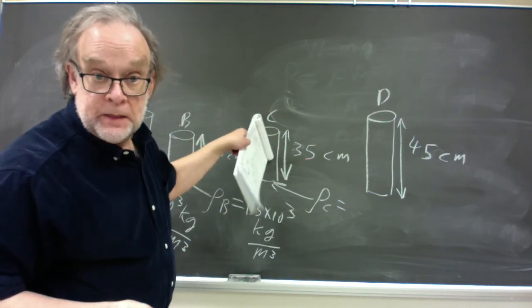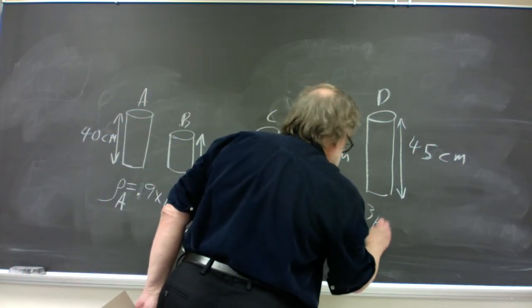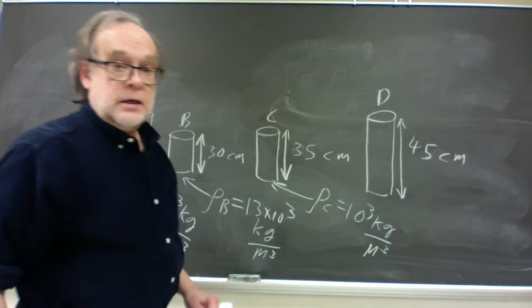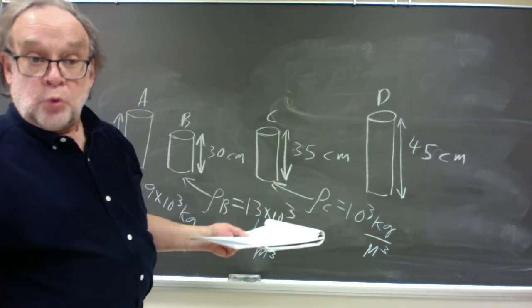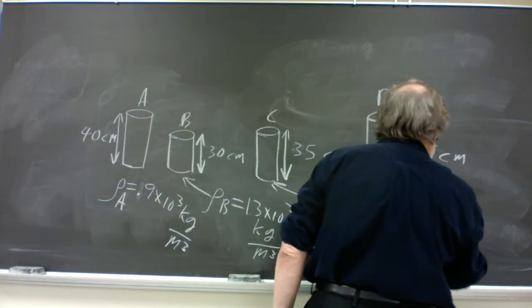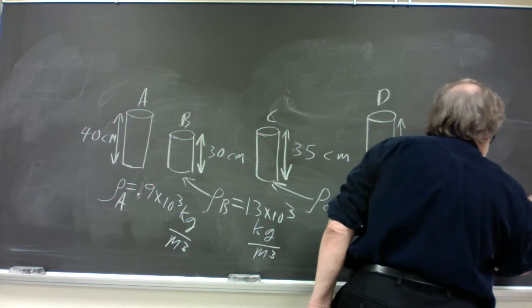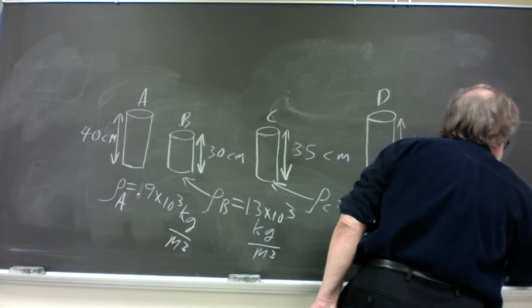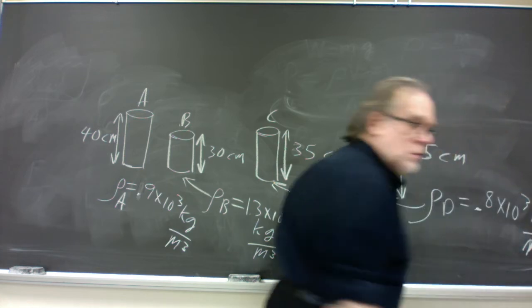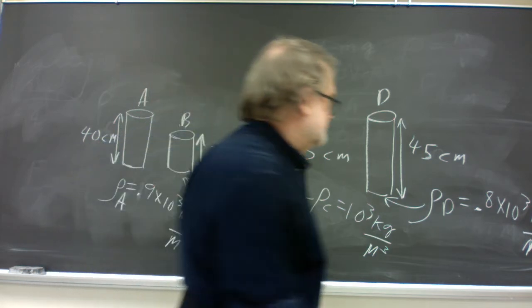Got water in this one. And in D, the density will be 0.8 times 10 to the 3 kilograms per cubic meter.